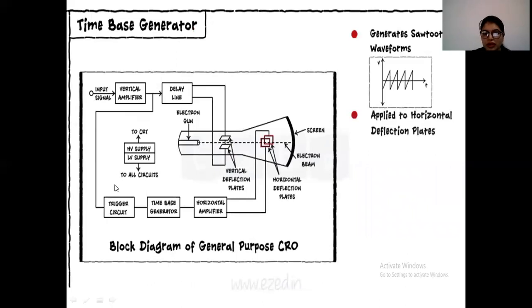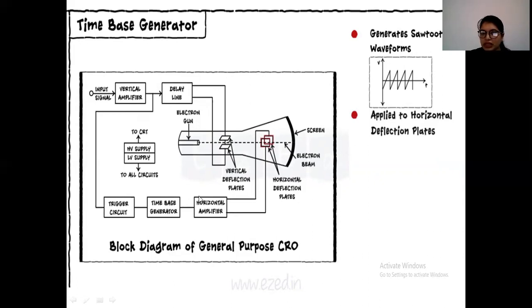Now the next block is time-base generator. The function of time-base generator is to provide or generate a sawtooth waveform. This is a type of sawtooth waveform. And also it will provide signal to horizontal deflection plates. This is horizontal deflection plates.